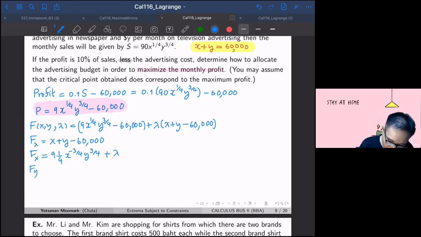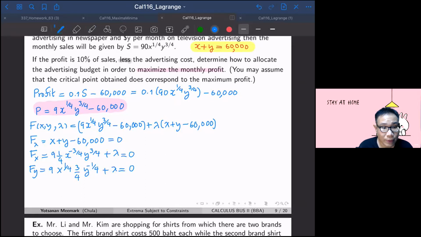And you have F_y equal to 9 times x to the 1/4 times 3/4 y to the negative 1/4, plus lambda, and you have all of them equal to 0.